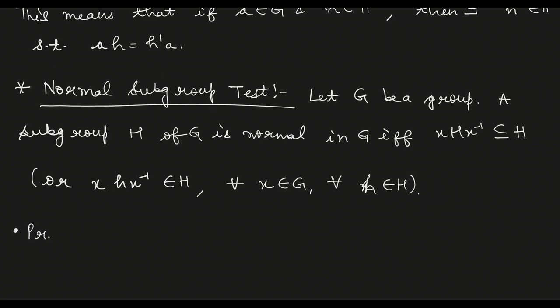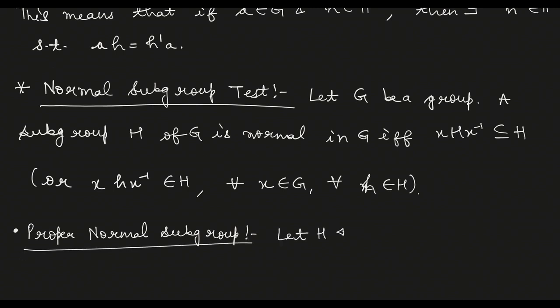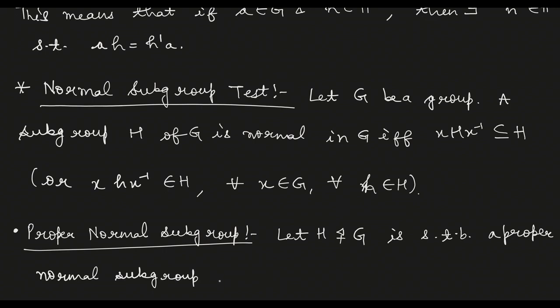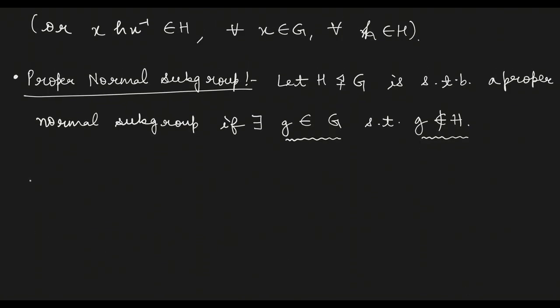Next is proper normal subgroup. Let H be a normal subgroup of G. It is said to be a proper normal subgroup if there exists g belongs to group G such that g does not belong to H. Means g is an element of group G but it is not an element of subgroup H. Next, trivial normal subgroups.